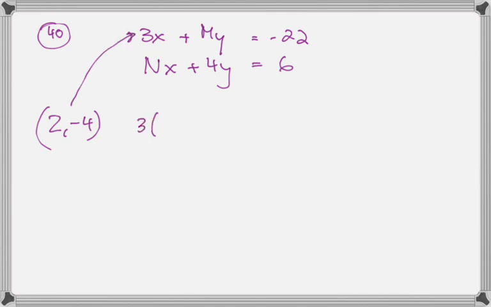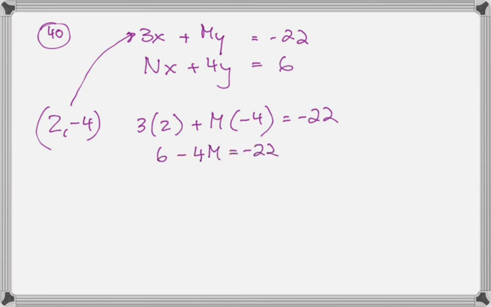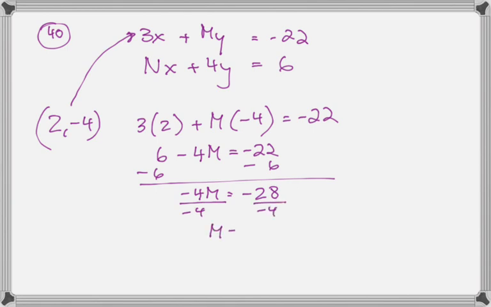You get 3 times 2 plus m times negative 4 is negative 22. 6 minus 4m is negative 22. Subtract 6. Get negative 4m equals what? Negative 28. And then divide by negative 4. That makes m to be 7.